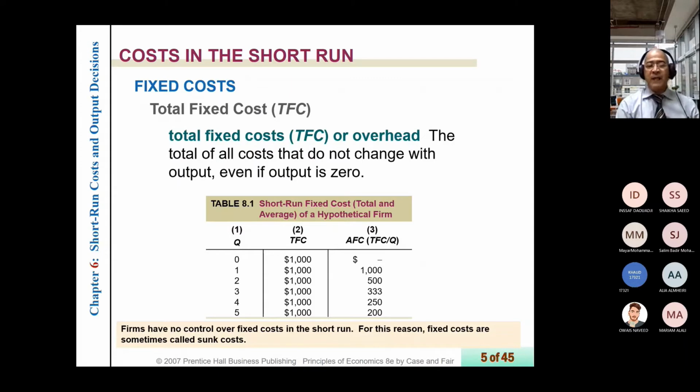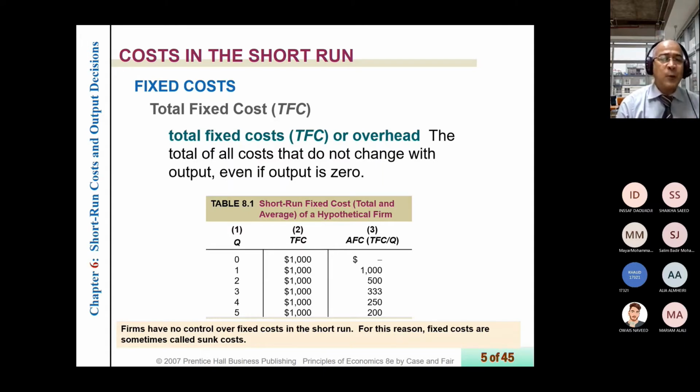So if Khalid decides to produce 1,000 units of output, what will be average fixed cost? Average fixed cost is total fixed cost, which is 1,000 and doesn't change, divided by output, which is 1,000. So average fixed cost will equal 1 dirham.